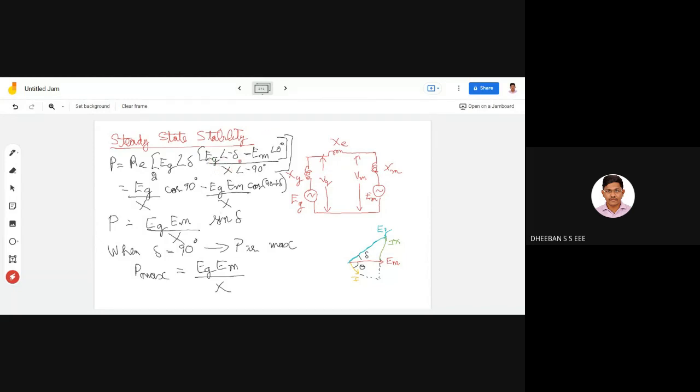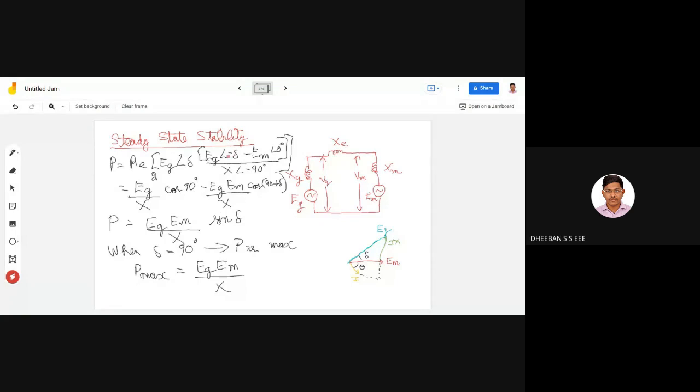That also will be coming in your synchronous generator power delivery, which is in your machines course too. So if you want a detailed explanation from this step to this step, you can go and refer to that. But it is a very common equation that you might have known.